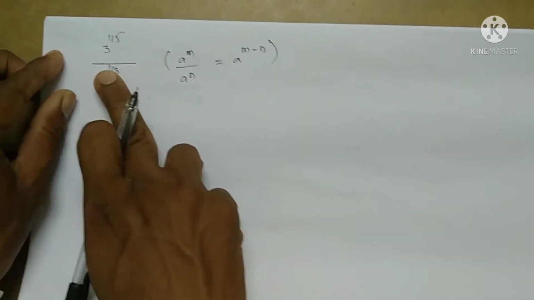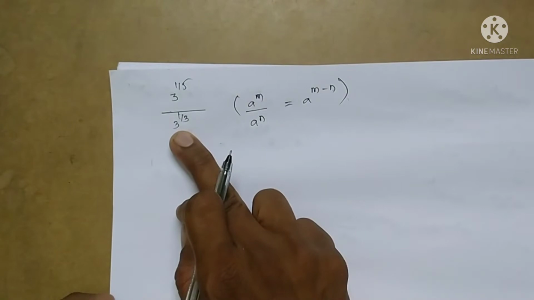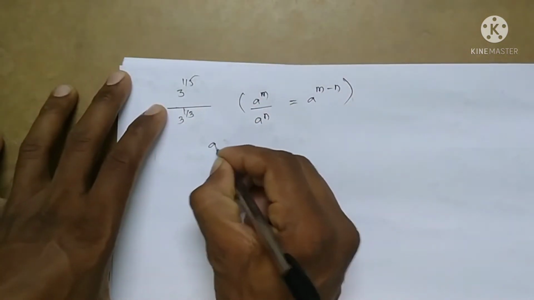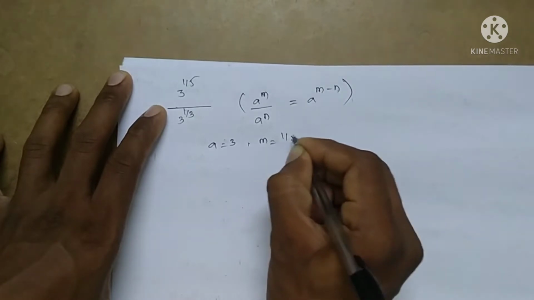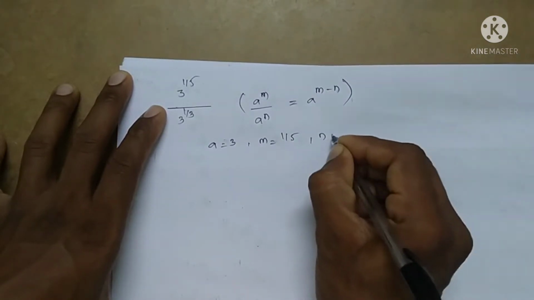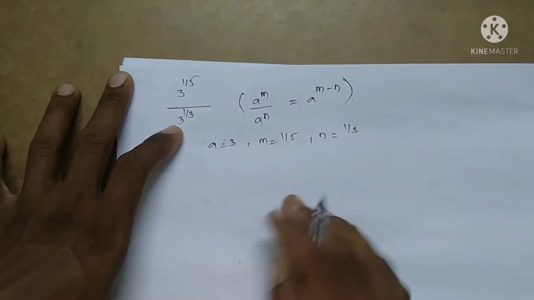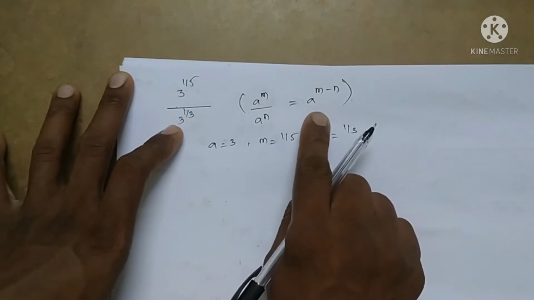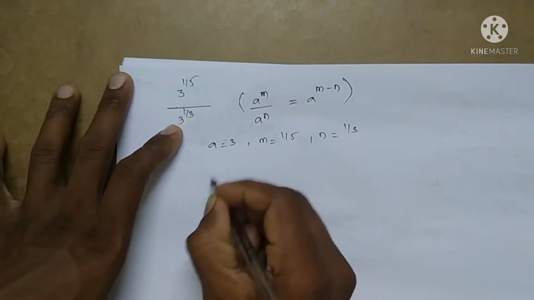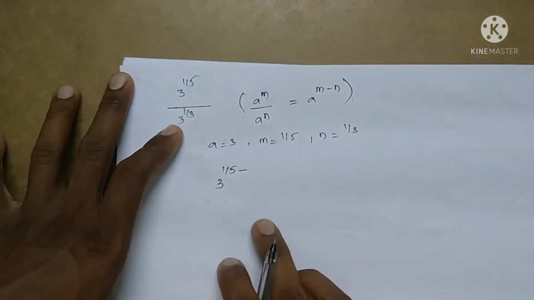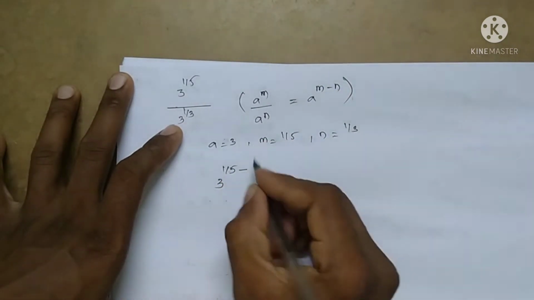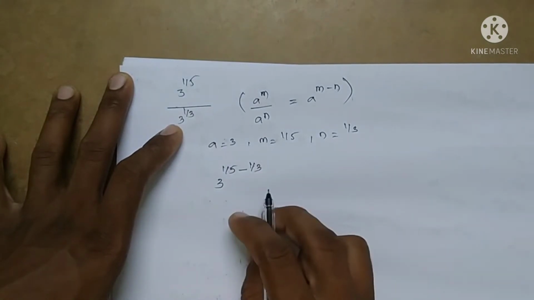Here a is equal to 3, m is equal to 1/5, n is equal to 1/3. What is the result? a^(m−n). So 3 to the power of 1/5 minus 1/3.